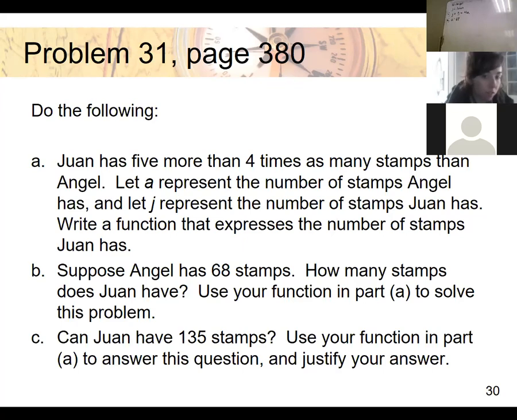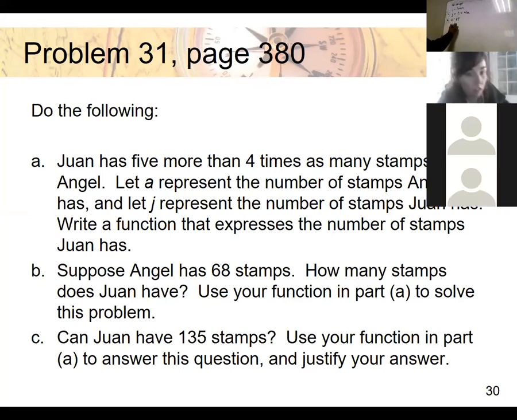To find the number of stamps that 1 has, we take that function, J is equal to 5 plus 4 times A, and just substitute the A with 68.